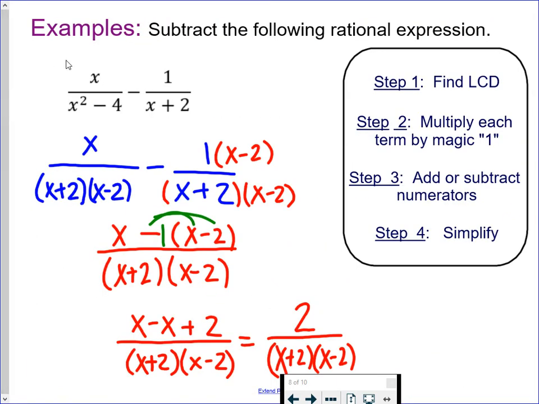Was anyone still writing that down? Sorry, the answer is covered up. There you go. Okay. Try these 3.